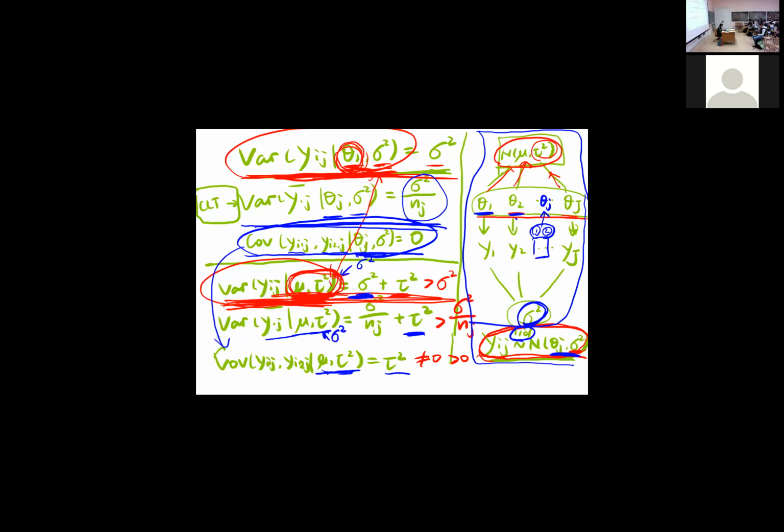However, if you move one level down in the hierarchy, even though conditioning on theta j they're conditionally independent, both mu and tau square have an effect on all of the j.